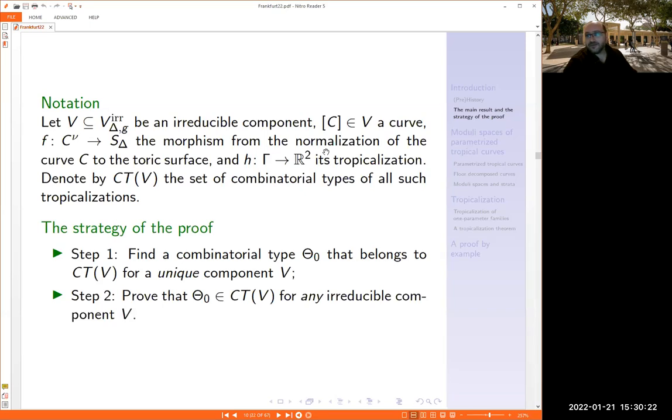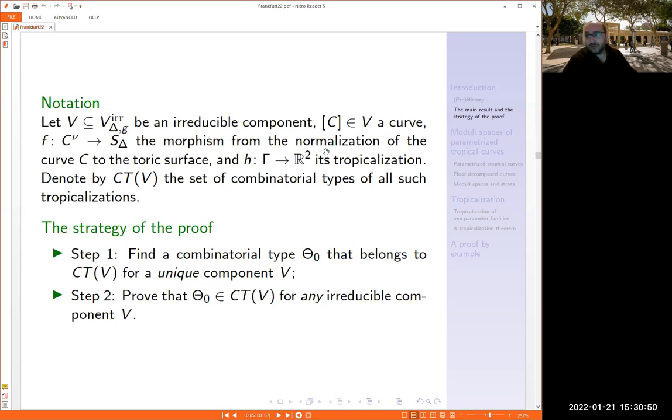Now the strategy of the proof is the following. The first step is to produce one particular type that is represented by a unique component, so that it belongs to CT(V) for a unique component V. In fact, this is not very difficult. This is some deformation theory, but in many cases, in all the cases covered by the theorem, it's not very difficult.